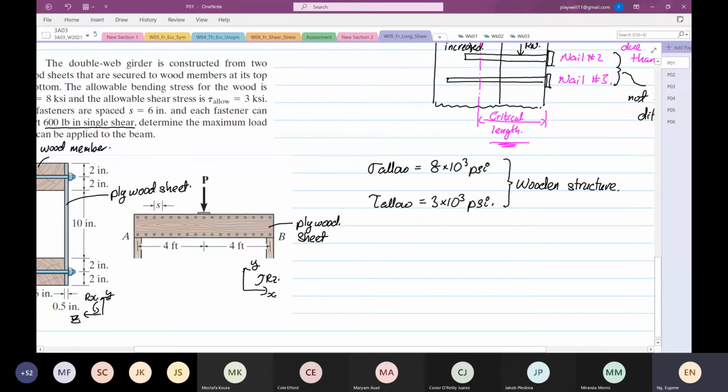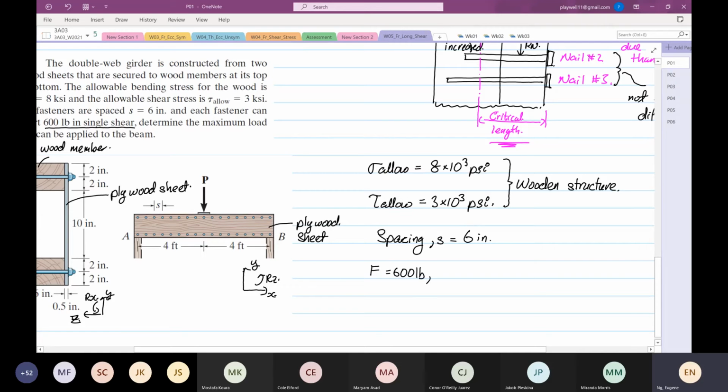And then the next one is the joint. We are given the spacing, which is S equal to 6 inches. And next we are given the force F, equal to 600 pounds.